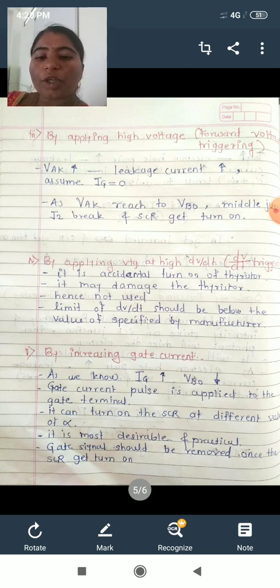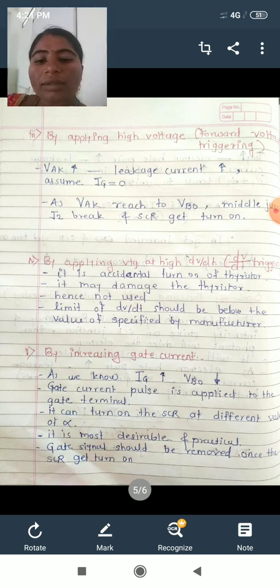When a gate current pulse is applied to the gate terminal, it can turn on the SCR at different values of alpha. What the value of the gate current is will totally depend on you.